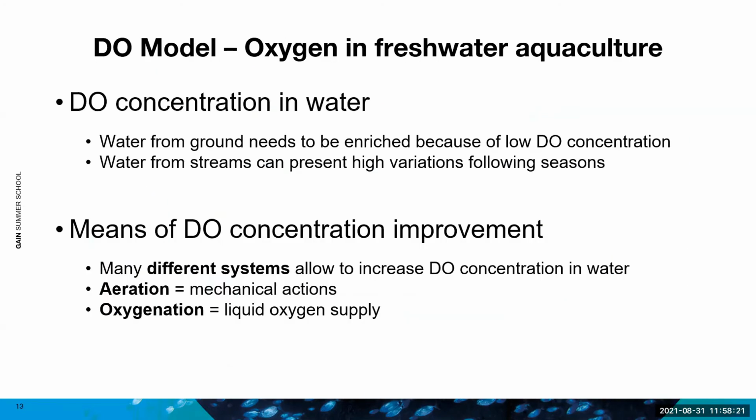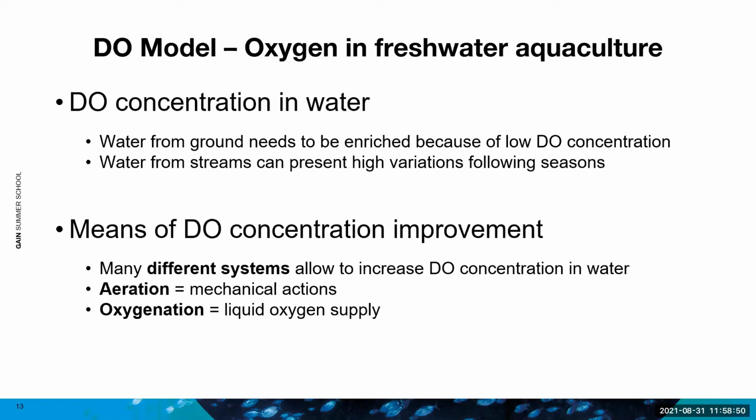What about DO concentration in the water? You have two kinds of problems depending on where you are taking the water. If the water is from the ground, you need to supply a lot of oxygen because it's poorly oxygenated. That's the big concern with water from the ground.